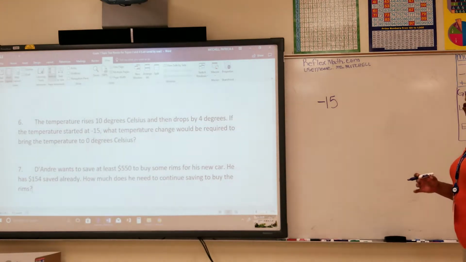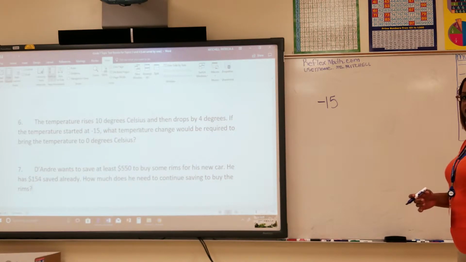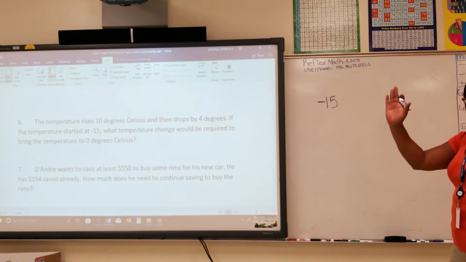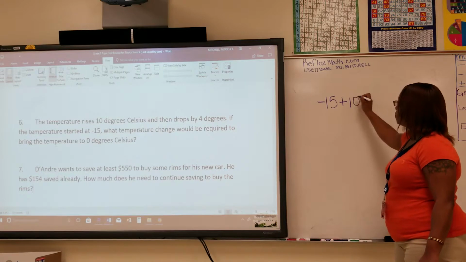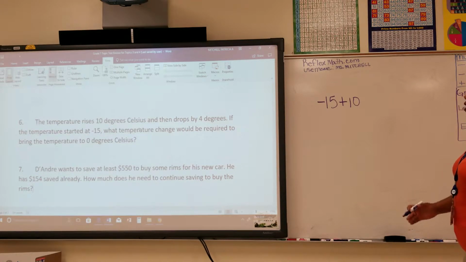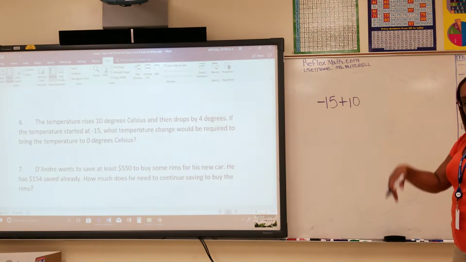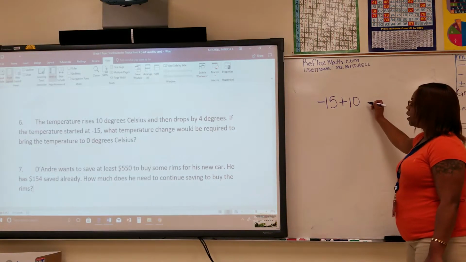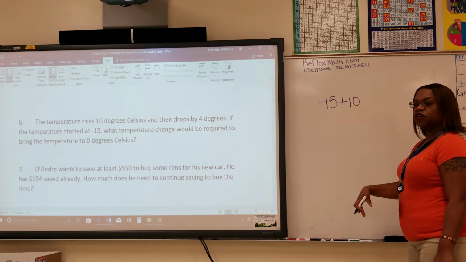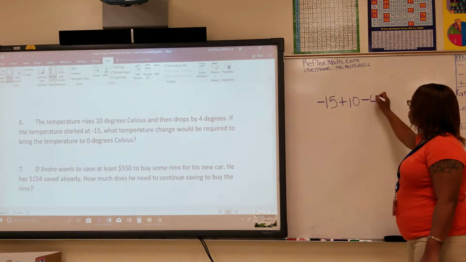It says the temperature rises 10 degrees Celsius. So it rose. Therefore, we'll represent this as a positive 10. Then it says it dropped by 4 degrees. So therefore, if it dropped, it went down. So now we'll represent that dropping 4 degrees as -4.